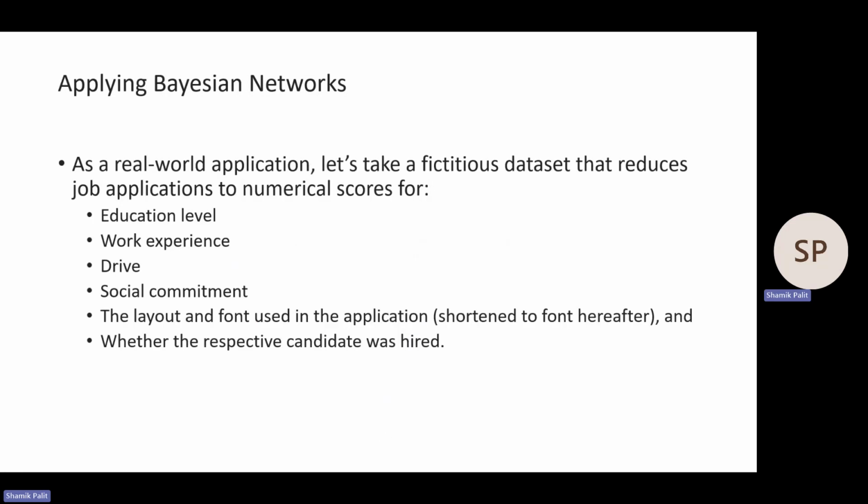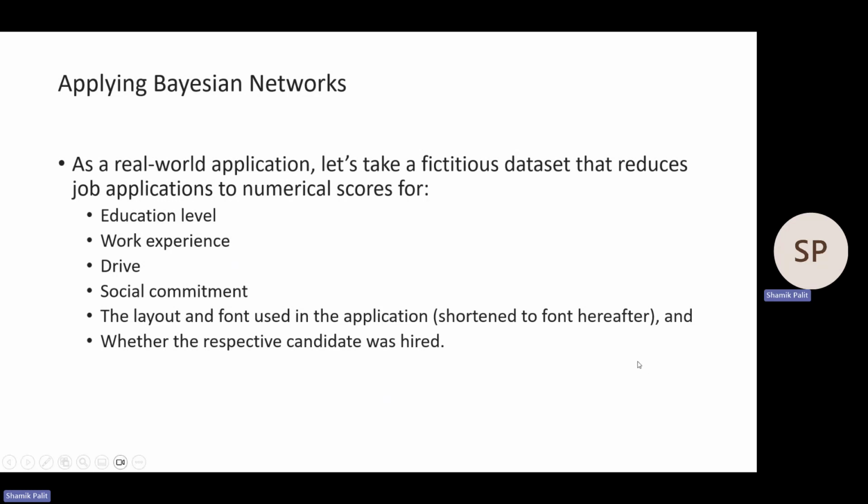So there are various fields in the real world where we can make use of Bayesian networks, like, for example, the probability of getting a job for a specific resource where we have several parameters, like the education level, work experience, drive. So there are various parameters we have used over here.